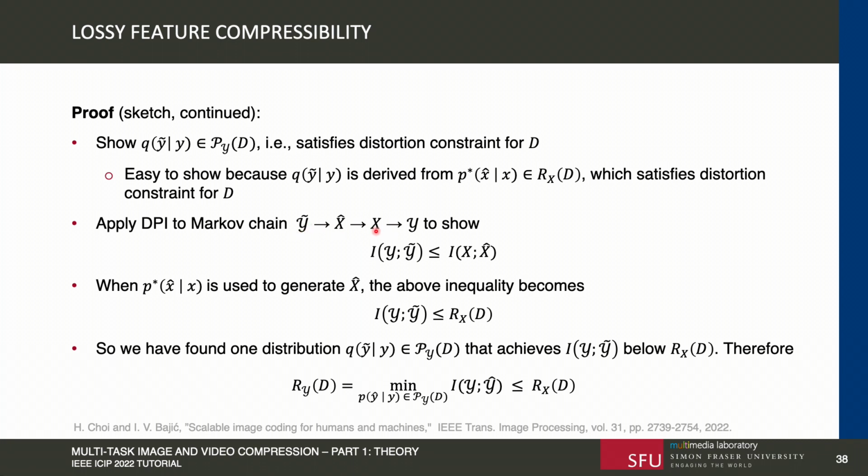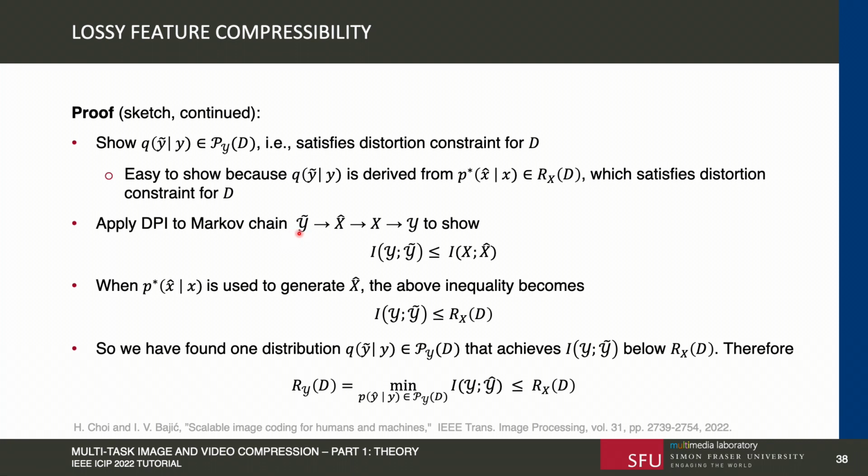So starting with uncompressed data, compressing it using the optimal quantizer, and then pushing that through the network to obtain these features y tilde. So x to x hat to y tilde was a Markov chain, and then we recall this basic result that a Markov chain is also Markov in reverse.